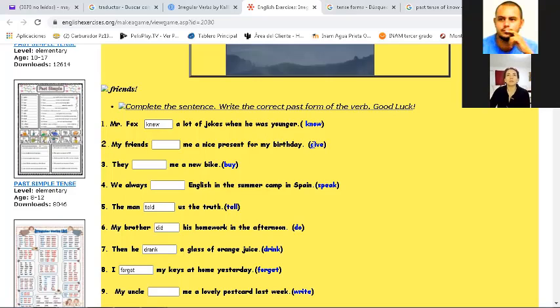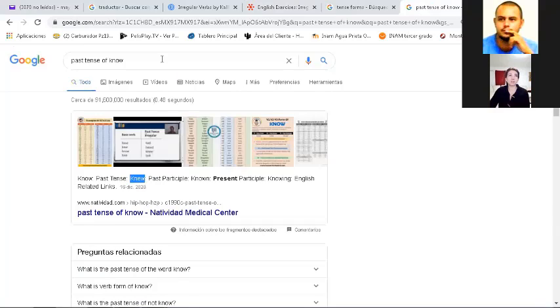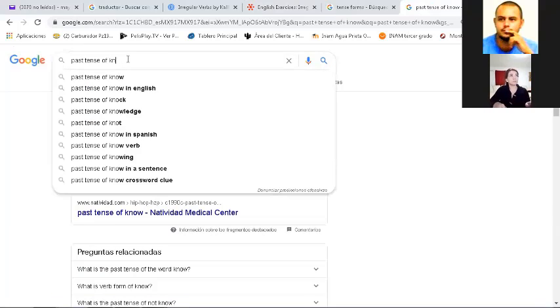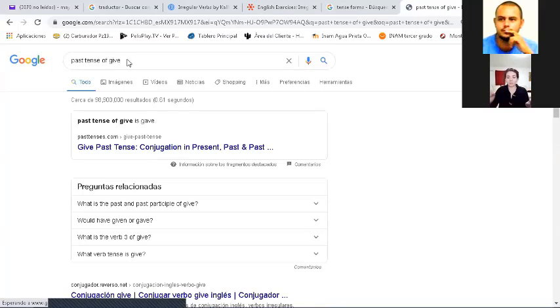Now, the next one. We have the base form of the verb give. So let's go to Google again and find the past tense of the verb give. Past tense of give is gave, okay?